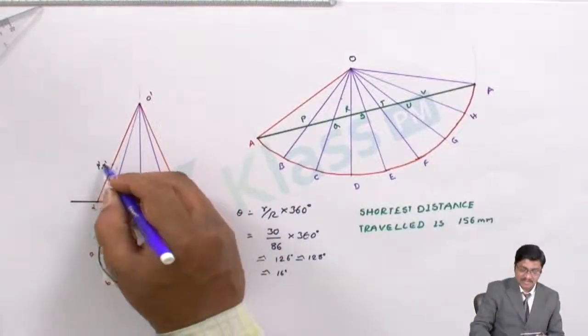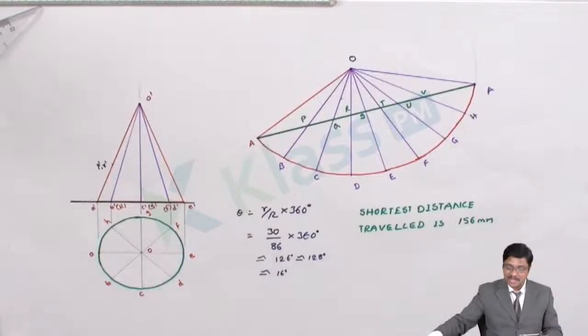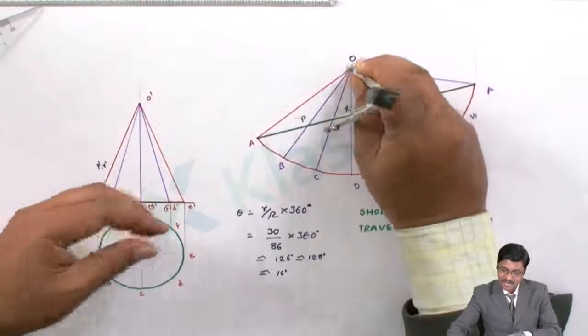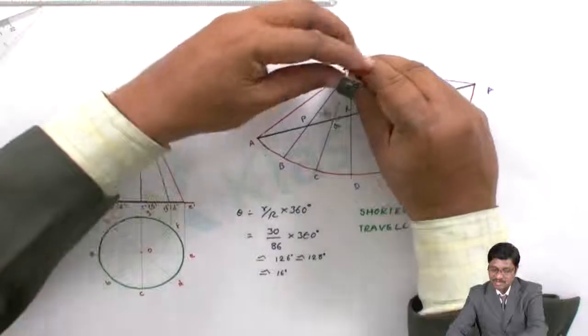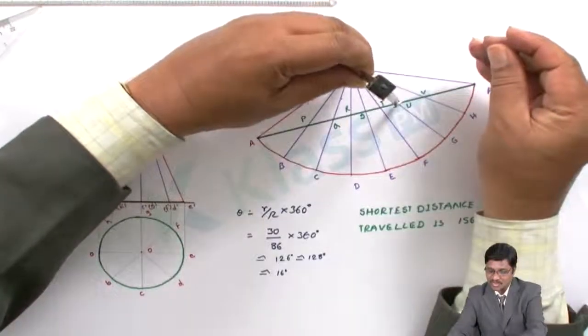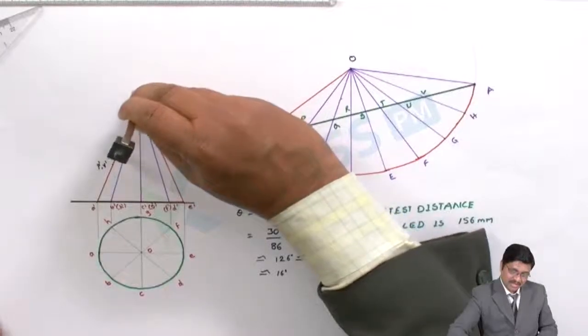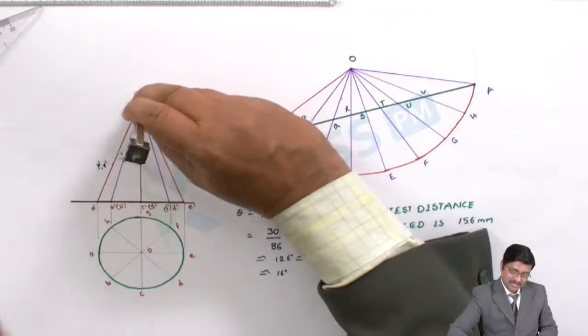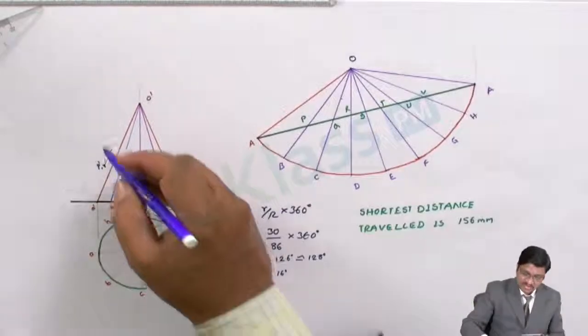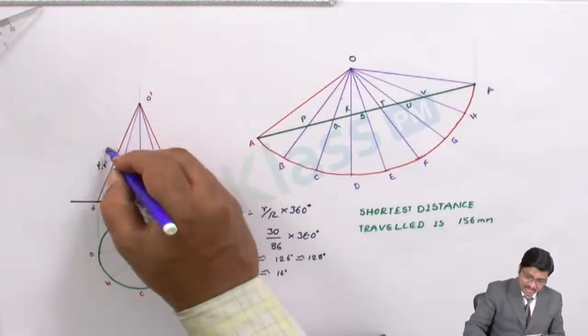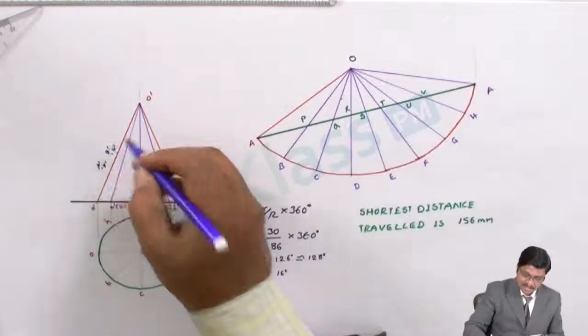This point represents both points. Similarly, I can locate the point Q here. By geometry, Q as well as U are the same. Transferring here onto every point on the true length only, after that I will transfer onto the respective points. So this point is nothing but Q dash as well as U dash.